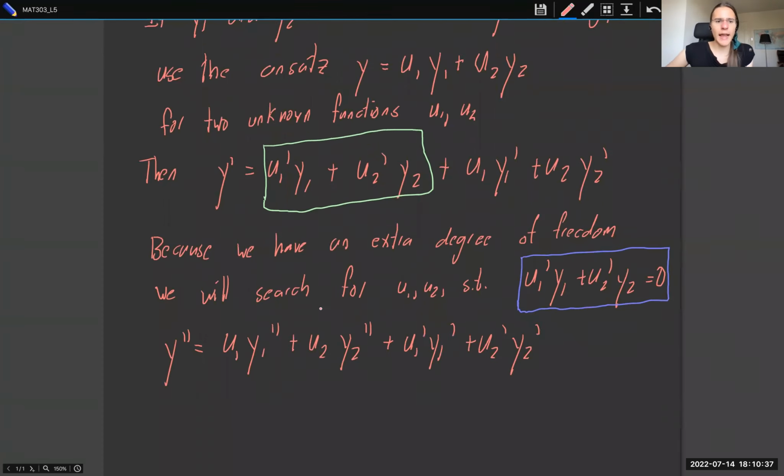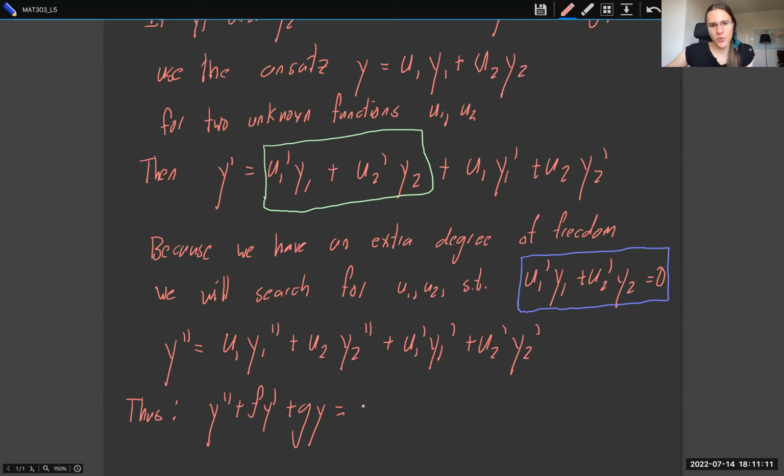Okay, so I know what y prime is and I know what y prime prime is. So now I plug everything into the equation, which is y prime prime plus f y prime plus g y. I'm going to keep these terms at the very end. So first I'll write the u1 terms.